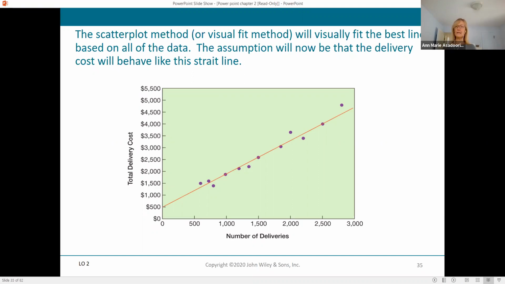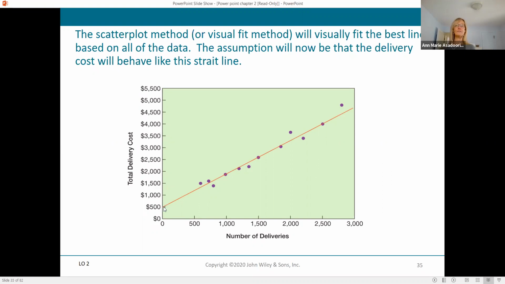All right, so what we saw the other day is that once we have this line, I can get the slope of this line, and the slope of this line is going to be the variable cost per unit. We looked at those variable costs last class, and we saw that if the line is a straight line, the slope is your variable cost.